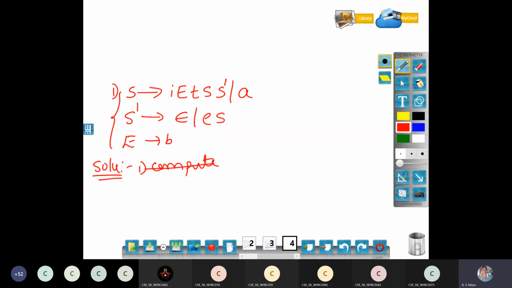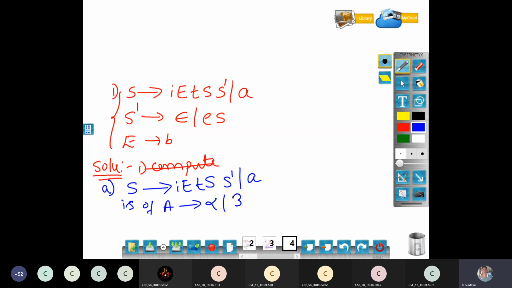I go directly to the methodology for checking without constructing the table. I take the first production: S derives iEtSS' or a. This is of type A derives alpha or beta, where alpha and beta are two disjoint sets.